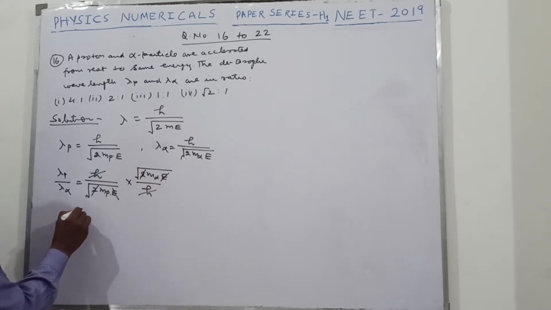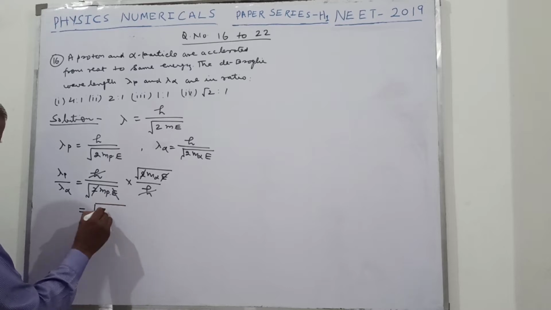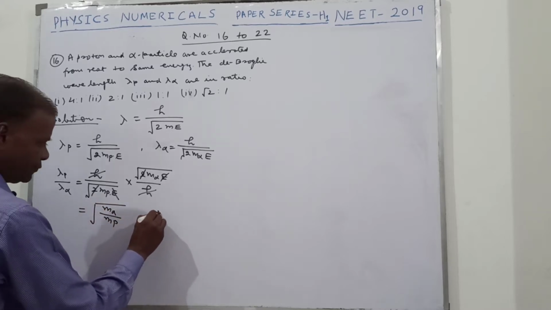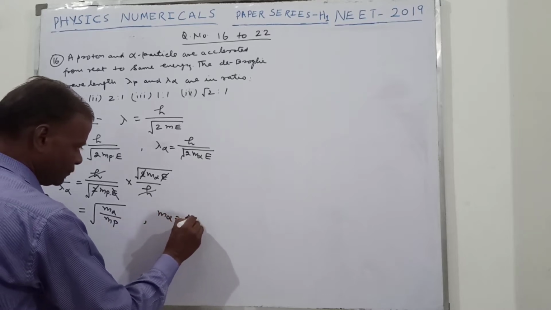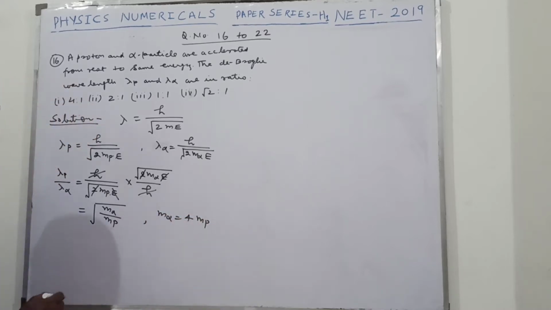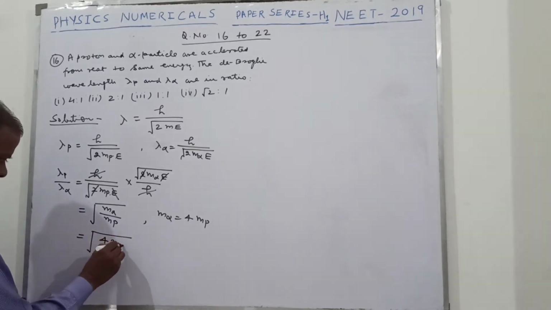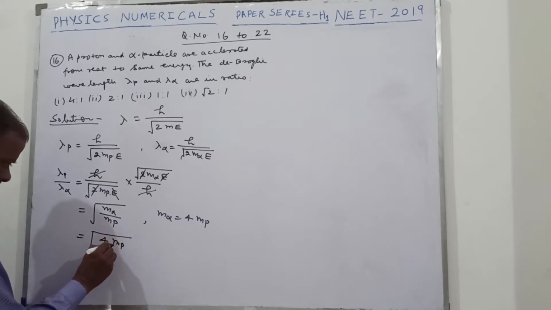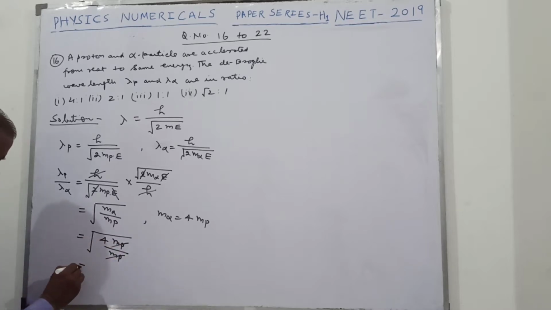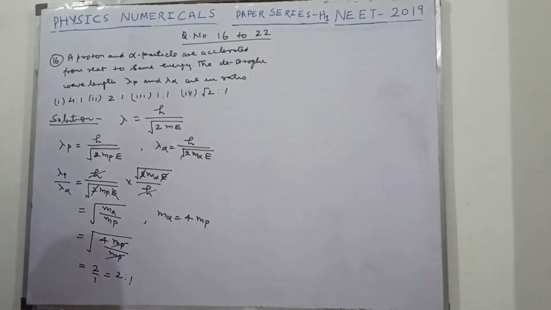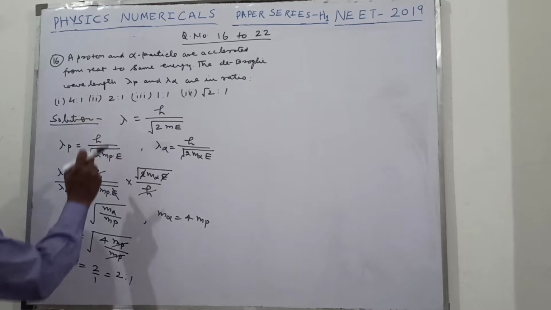So we are left only with square root of m alpha upon mp. And we know that m alpha is equal to 4 times mp. So this is equal to square root of 4 mp upon mp. Now this will cancel. Square root of 4 is equal to 2. So this is 2 upon 1. So our right answer is second.